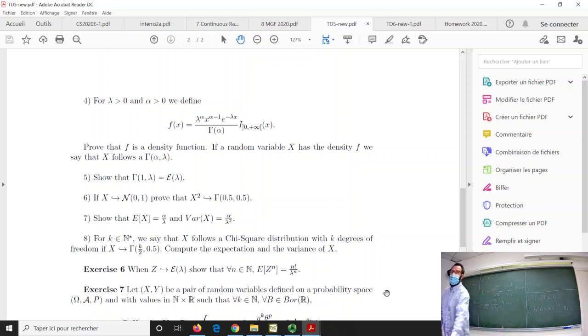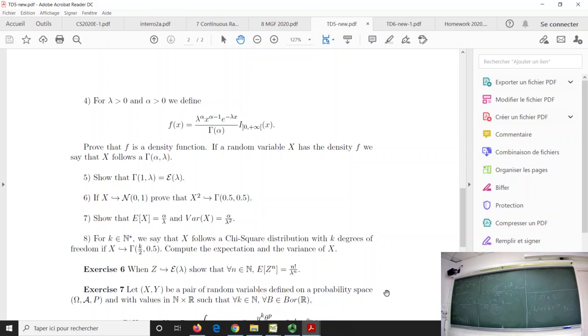So for the moment I have just plugged in. But here I see that if I want to continue my computation, I have one term that I have to compute. Which one? This one: Gamma of 1/2.